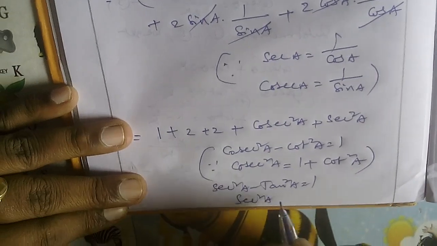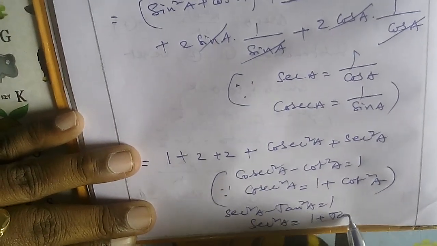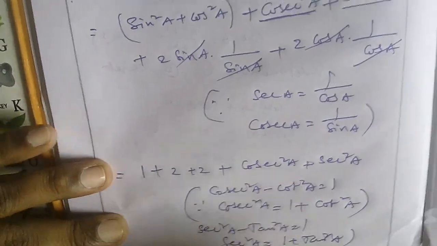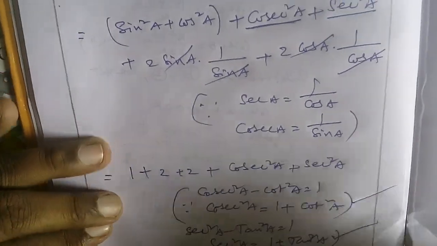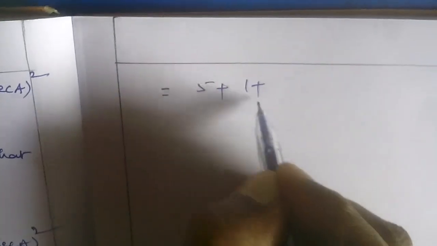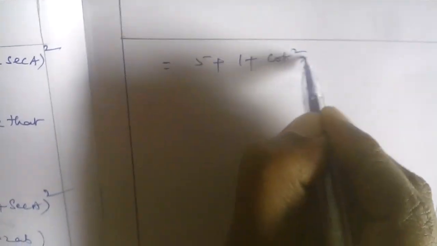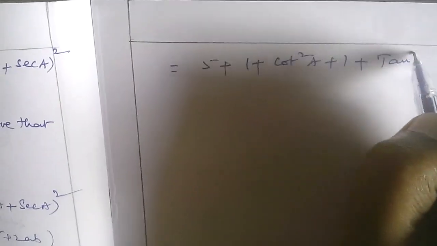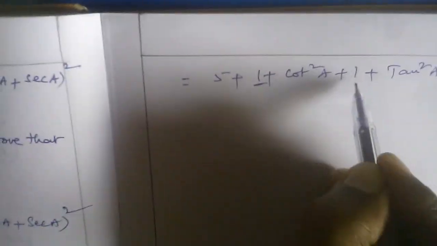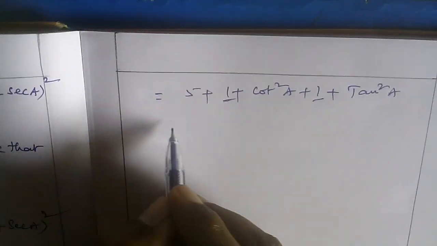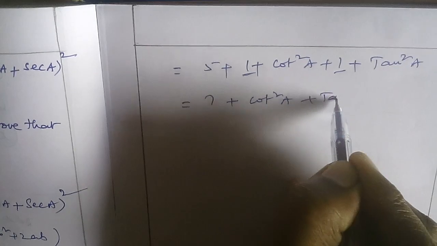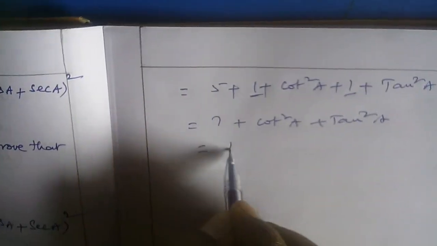Sec square A is equal to 1 plus tan square A. So basing on these two, I am substituting: 5 plus 1 plus cot square A plus 1 plus tan square A. So I am adding 1 plus 1 is 2, 2 plus 5 is 7, 7 plus cot square A plus tan square A, which is RHS.